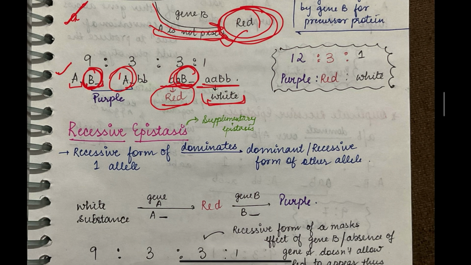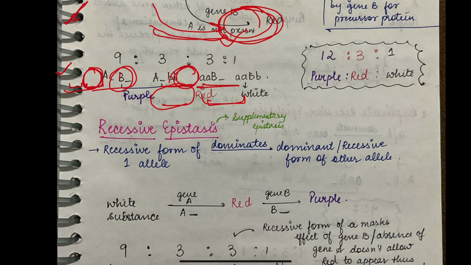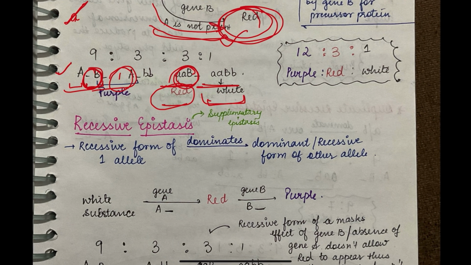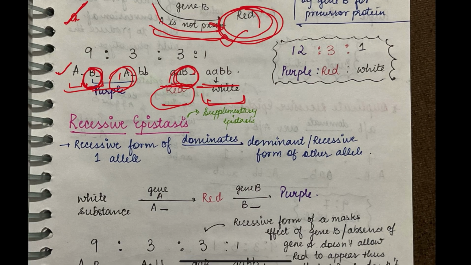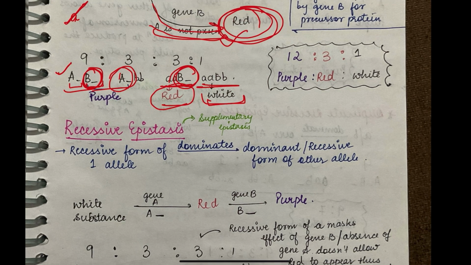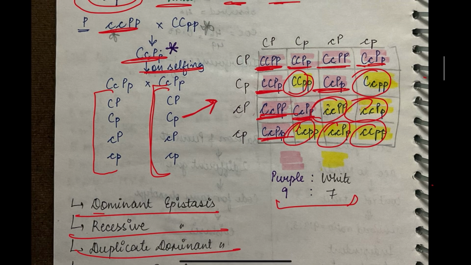You might be knowing how we got these ratios. When we get a dihybrid cross, then we get these ratios. If you have any doubt, then pause the video right here and consider a dihybrid cross like this. In 9 cases, we have got both the traits as dominant.